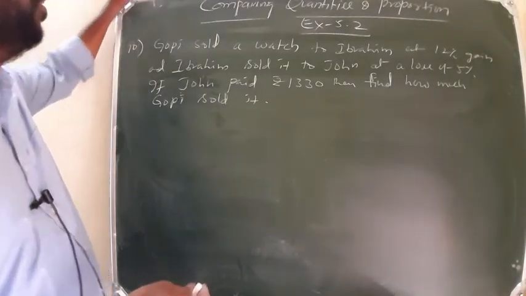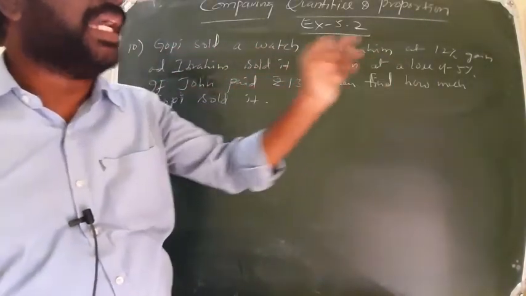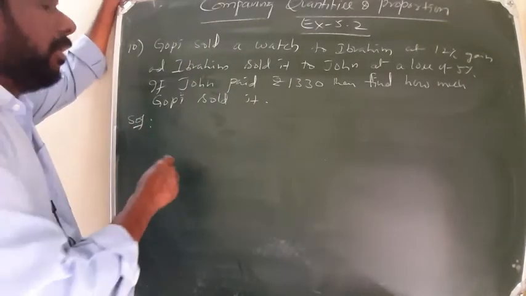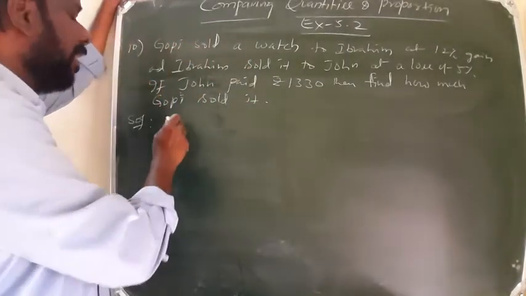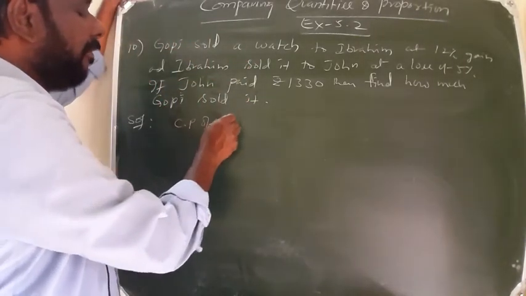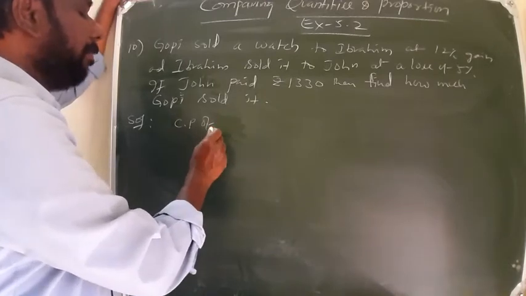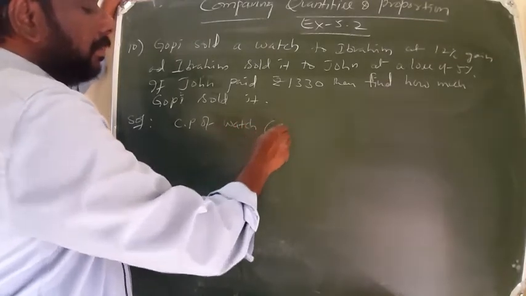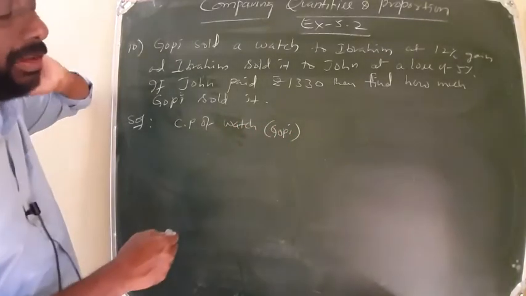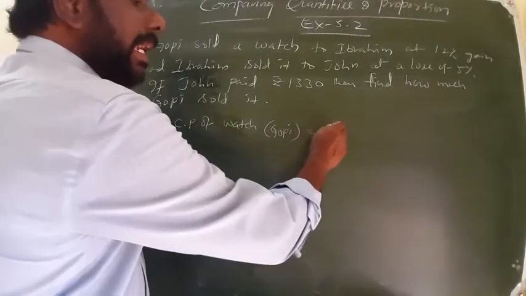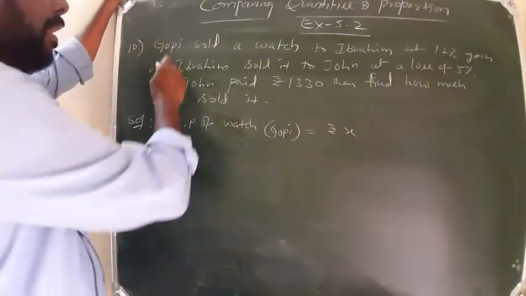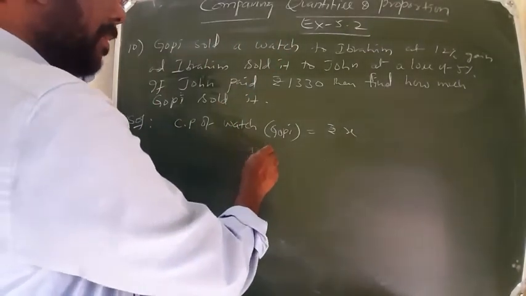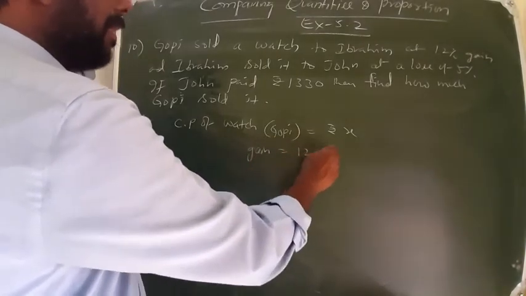For example, here Gopi sold the watch to Ibrahim at 12%. So here for Gopi the selling price you have to find. So CP of the watch for Gopi, let it be taken as rupees X. Gopi sold it to Ibrahim at 12% gain.